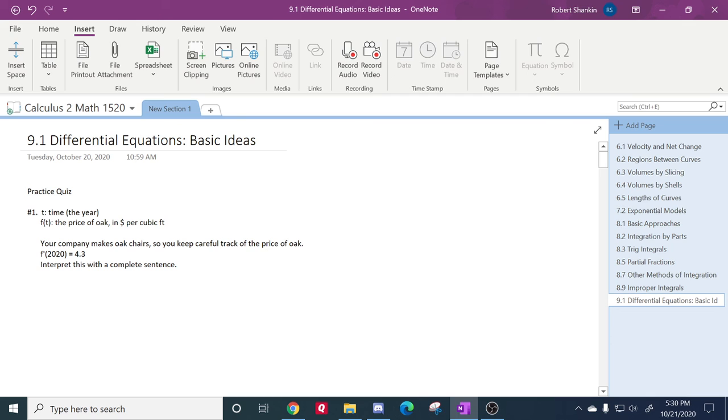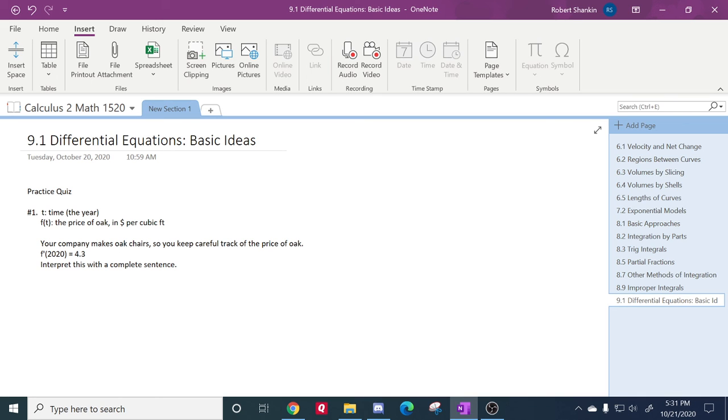Problem 1. So T is the time in years, F of T is the price of oak in dollars per cubic foot. Your company makes oak chairs, so you keep careful track of the price of oak. F prime of 2020 is 4.3.